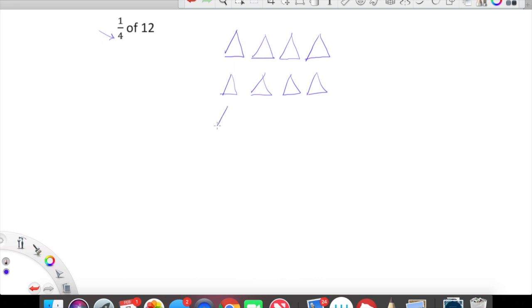Well, we're going to have 3 rows of 4 because 4 times 3 is 12. Okay, so we have 12 triangles here. I'm looking for 1/4 of 12. The reason why I made rows of 4, you guys, is because, again, the denominator is 4, and here very easily I can isolate 1 out of my 4 rows, or 1/4.